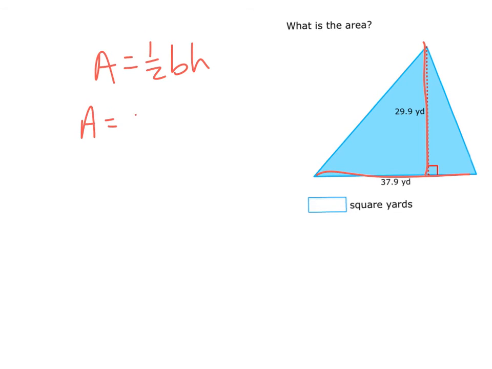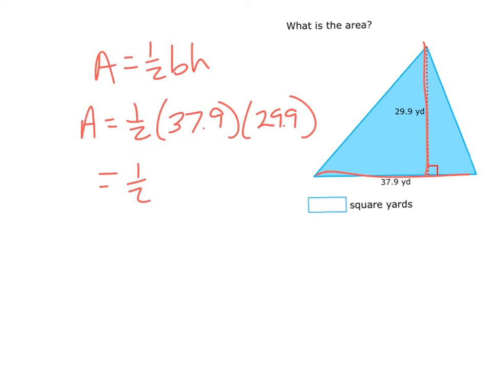So you have area equals 29.9, whoops, 1/2. Let me start that over. I forgot the 1/2. Now I could put the 1/2 at the end, it doesn't really matter, but base is 37.9 times 29.9.